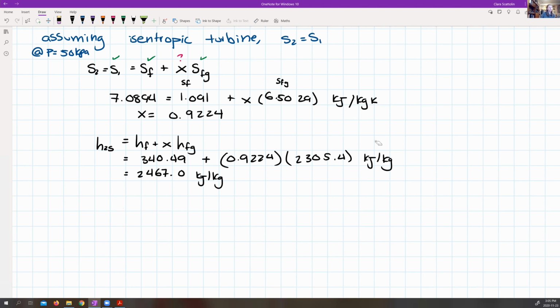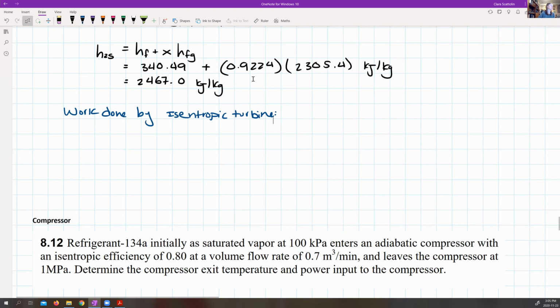So the actual work we've already calculated, that was good. So now I'm going to calculate how much work my isentropic turbine can do. Work done by isentropic turbine.